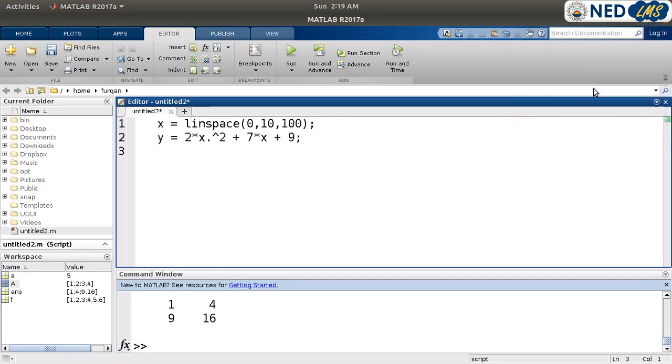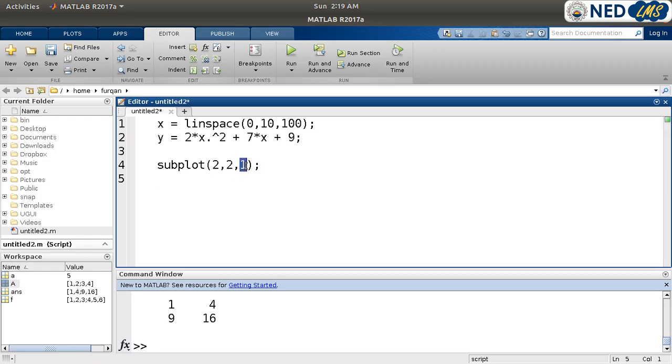Now let's plot the x and y vectors we have created. This subplot function creates a figure having area to accommodate four plots at a time, with two rows and two columns, as we have mentioned here.